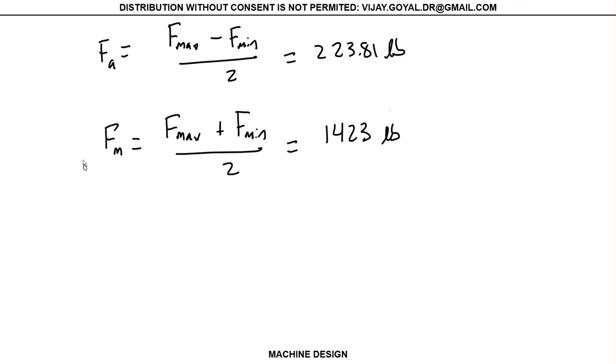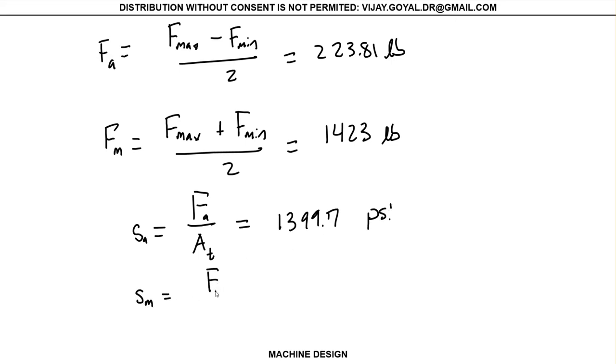Then from here you calculate your stresses. Use your small s_a. That would be F_A divided by the tensile area that you get from the tables. You only have this value, so you don't have to use the equation I gave you. That gave me 399.7 psi. Then your small s_m would be F mean divided by A_T. You evaluate this.